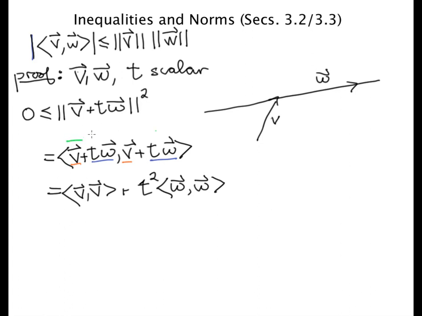There's the inner product of v with tw, and there's also the inner product of tw with v. And both of those give you t times the inner product of v and w. And so when you add them up, you get a 2. So I'm going to write this thing is greater than or equal to 0.